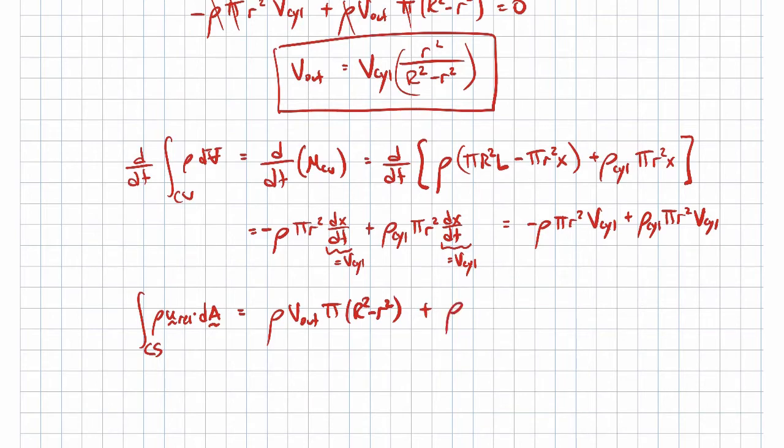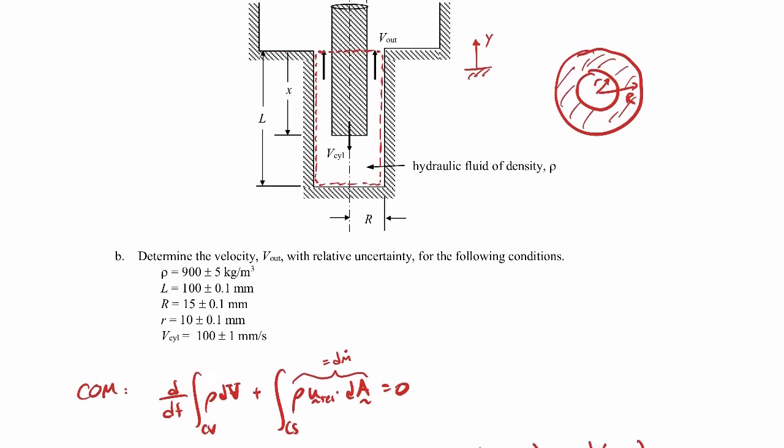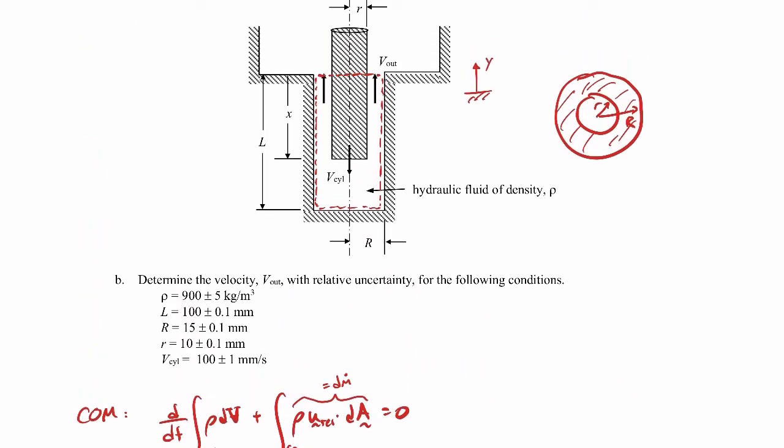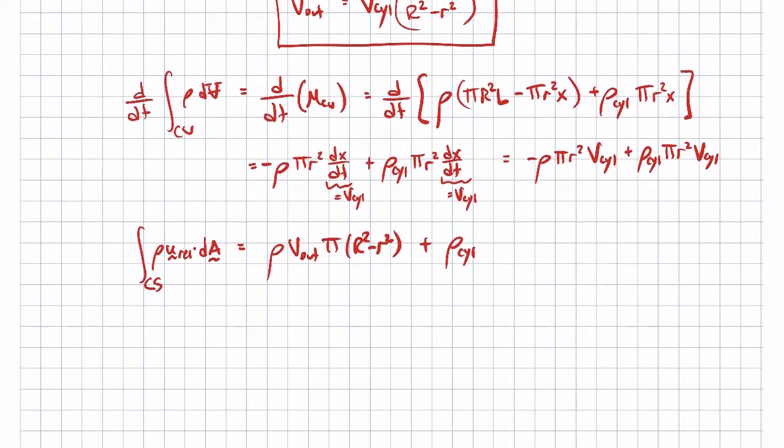So that'll be the density of the cylinder times the velocity at which the cylinder comes in, so the relative velocity. The control surface isn't moving, so its velocity is 0. And the velocity of the cylinder coming in is minus v cylinder in the j hat direction. So it's moving downward, so it's in the minus j hat direction. So that's going to be minus v cylinder j hat.